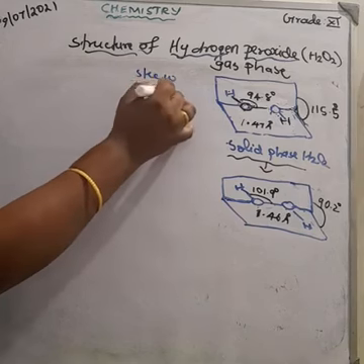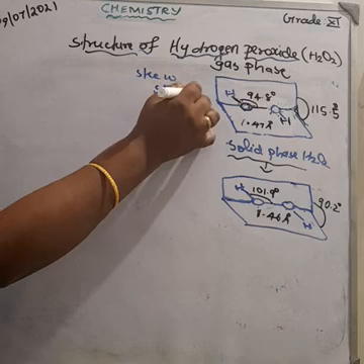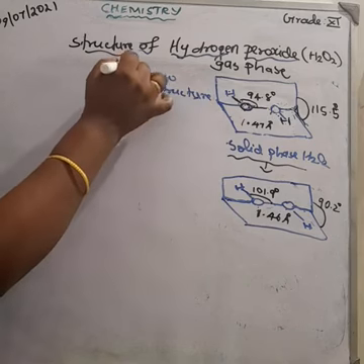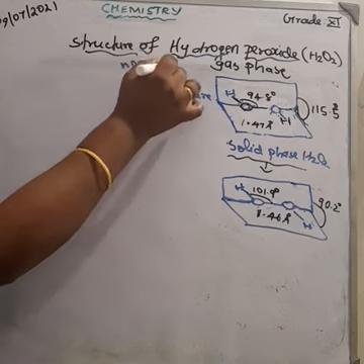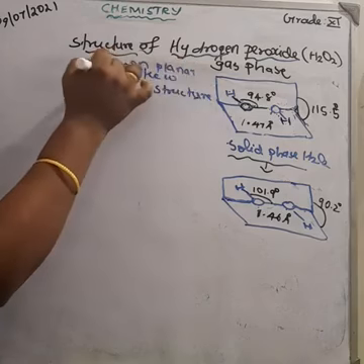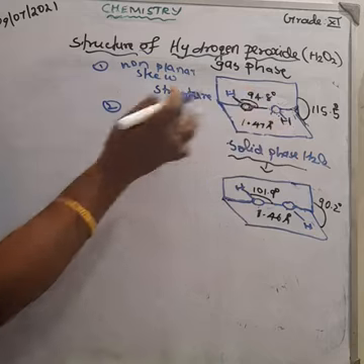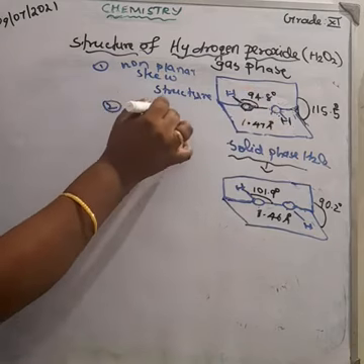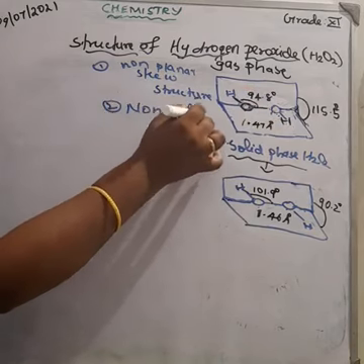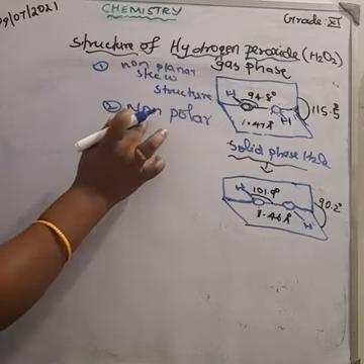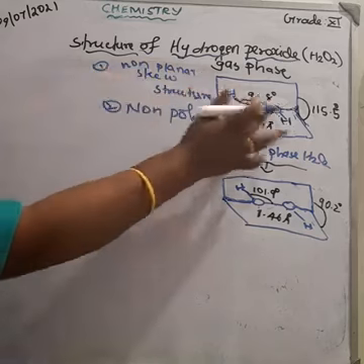It is a skew-like structure. Understand? And another important thing you should understand here: hydrogen peroxide has a non-planar, asymmetrical structure. It is not that all the atoms are in one plane. It is not planar.